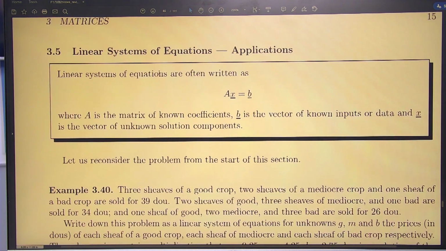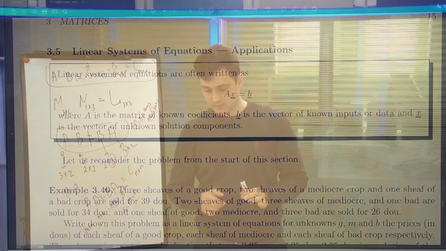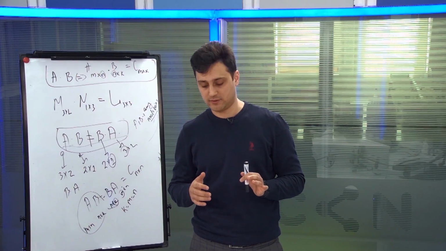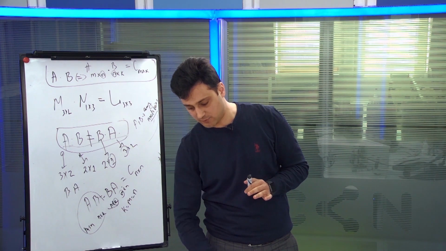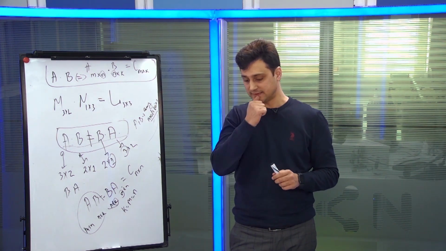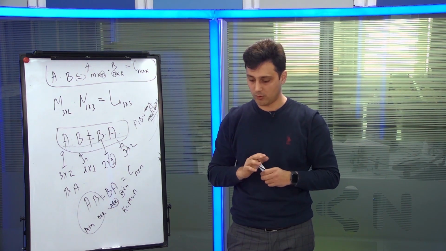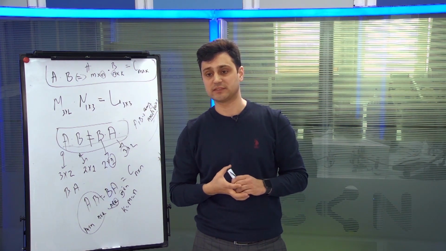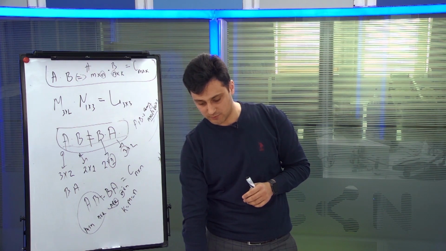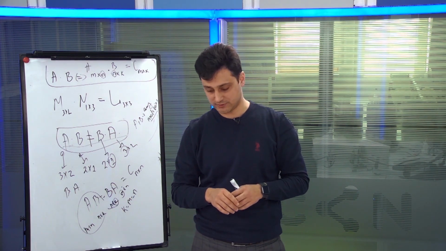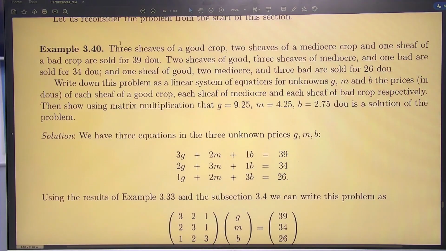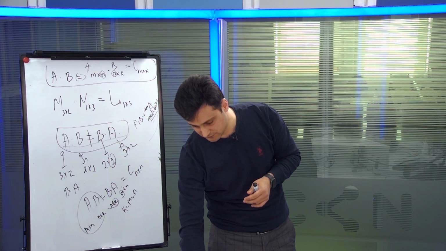It's about systems of linear equations and how we solve them. The main purpose of constructing a matrix is to solve systems of linear equations in the easiest way. Of course it comes from applications of word problems. For example, in example 3.40, it's a word problem whose modeling gives us a system of linear equations.